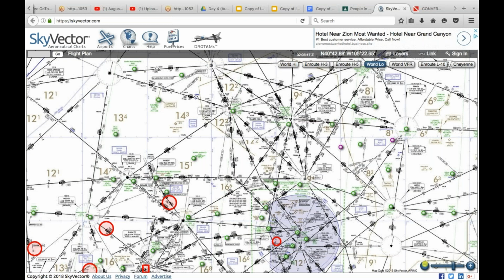And when they want them to turn, they'll say, turn right heading 330. They'll just guide them to the airport where they need to be. But when we're planning, we still have to plan for the worst case scenario, right? That's kind of all I had to say about that.